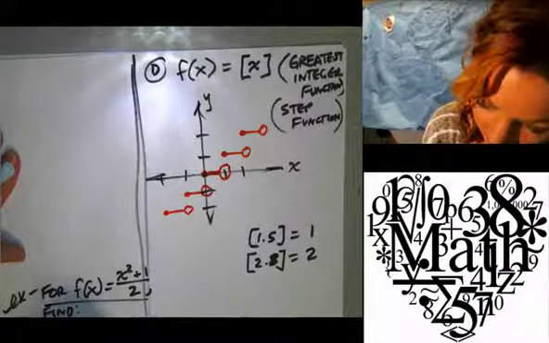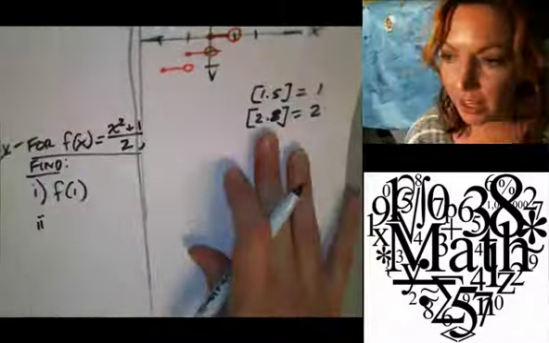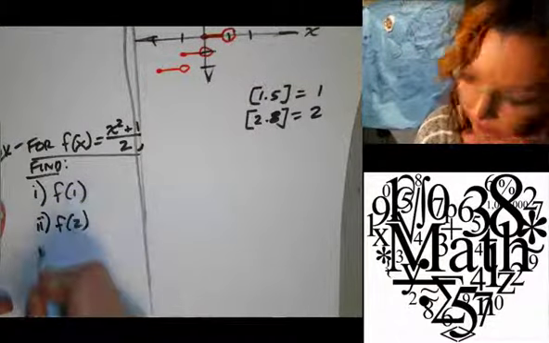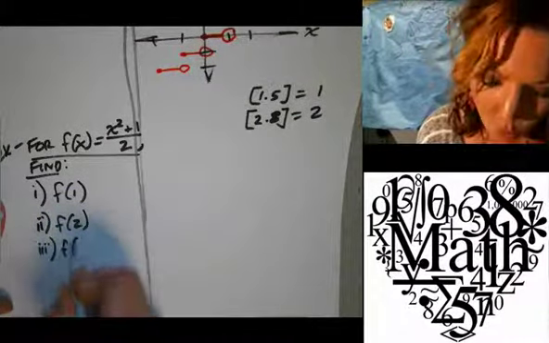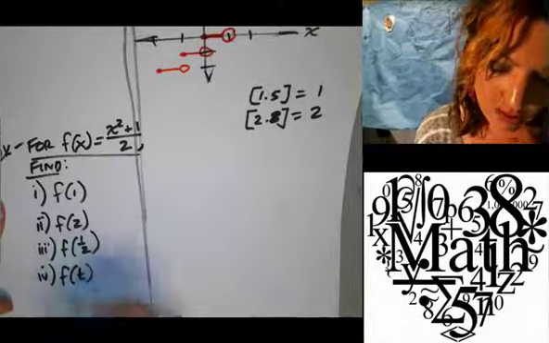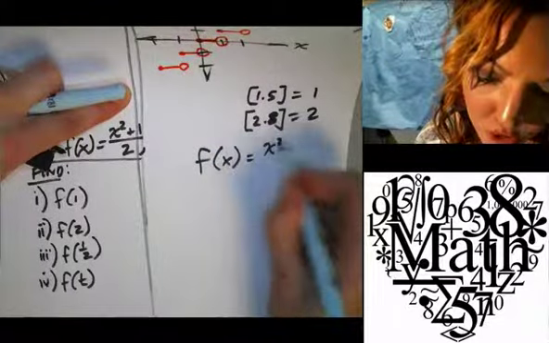We want to find f of 1, f of 2, f of 1/2, and f of t. So our function is f of x equals x squared plus 1 over 2.